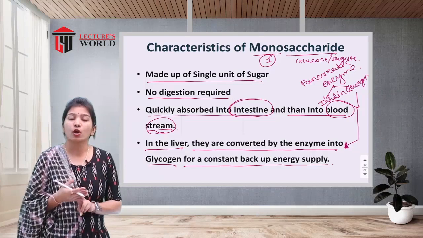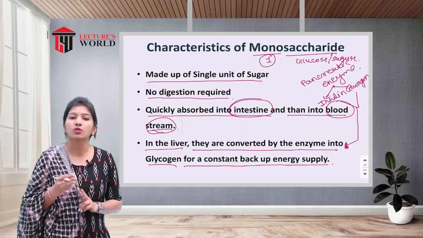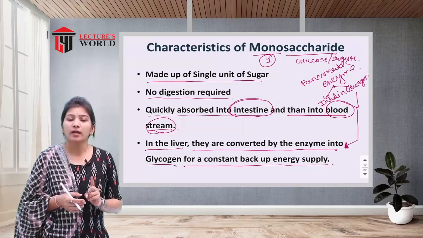Two hormones from the pancreas help glucose convert into glycogen, and they are insulin and glucagon.